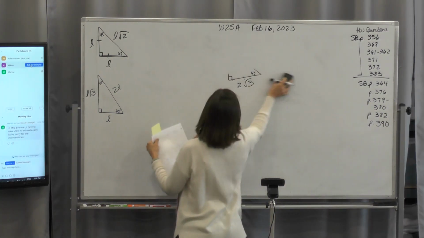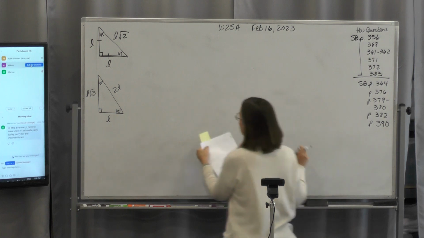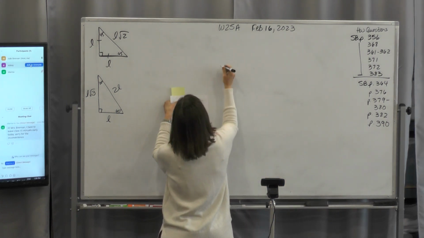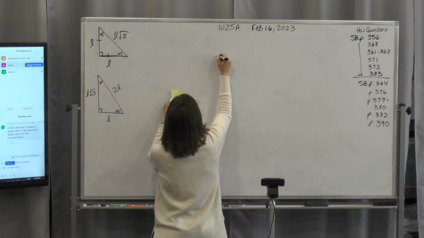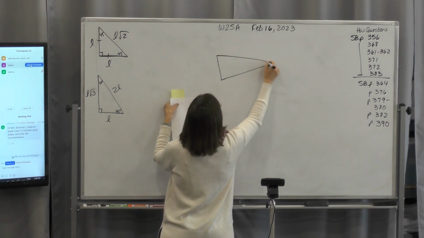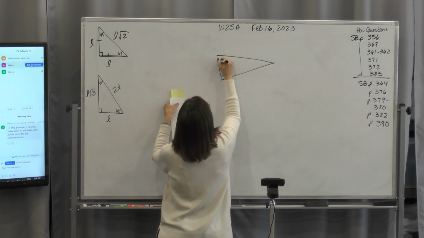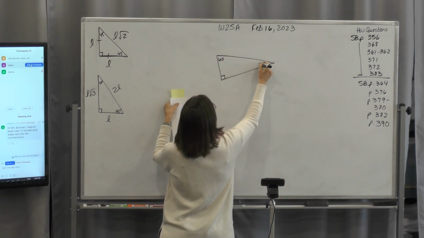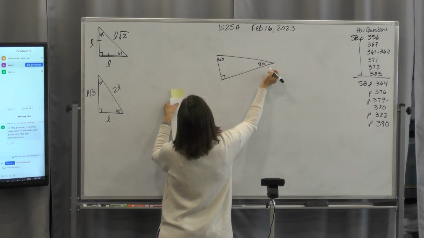Again, this is another similar one in that we weren't given the square root of 3, we were given the square root of 5. So now this is going to require some algebra. Okay, we did that. There's my 60. There's my 30.